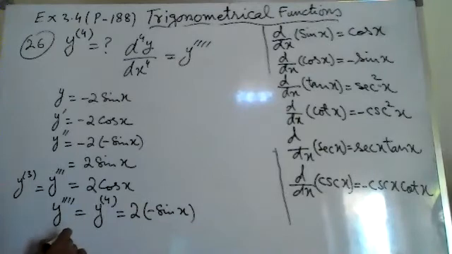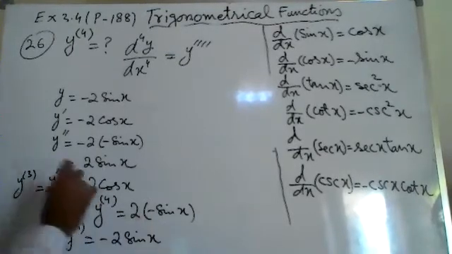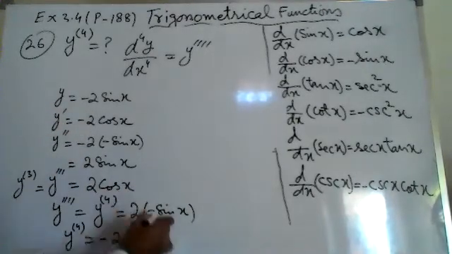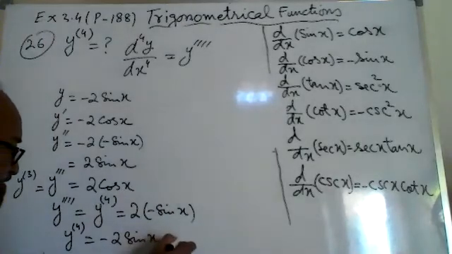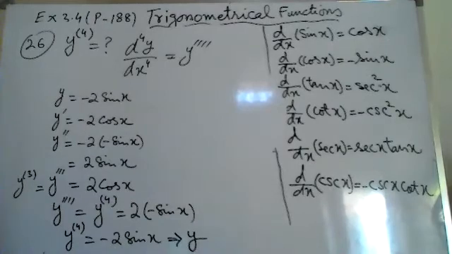So it will become minus 2 sine x. This is equal to y. The fourth derivative of y in this case is equal to y.